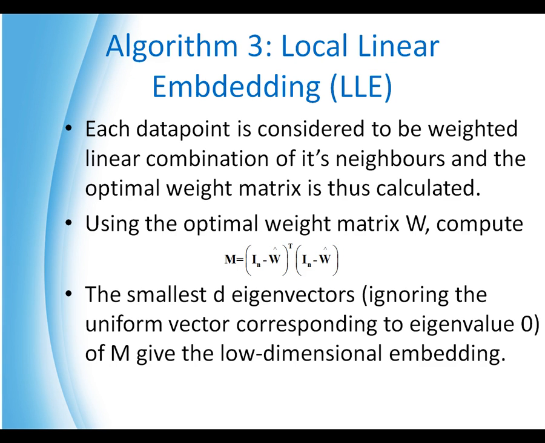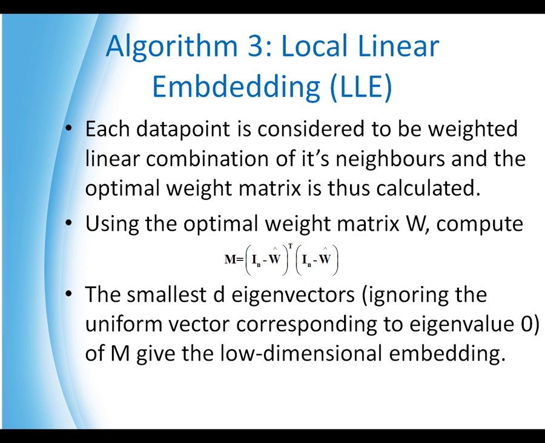The next algorithm is local linear embedding, shortly known as LLE. It has a totally different intuition. The idea is to consider each data point to be a linear combination of its neighbors, and the optimal weight matrix is calculated.